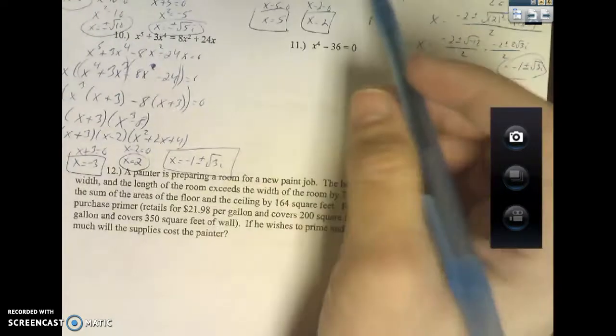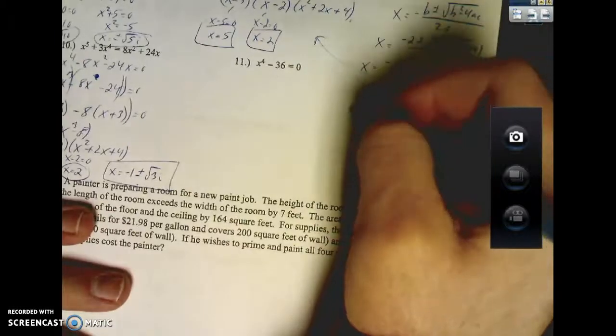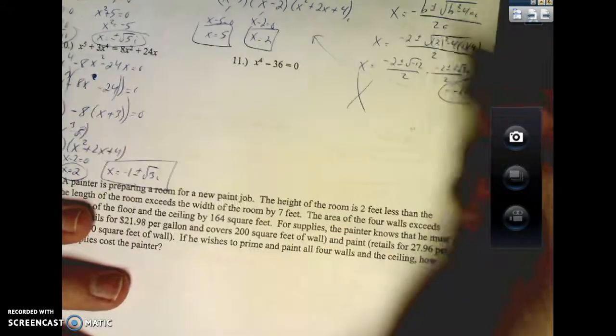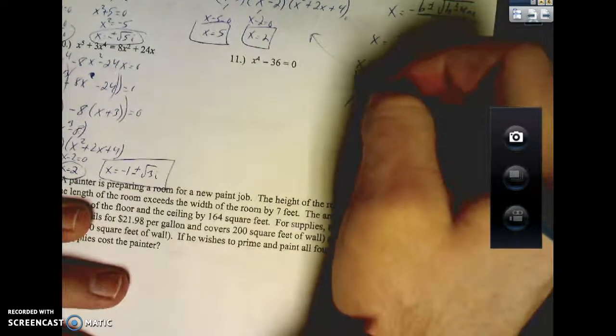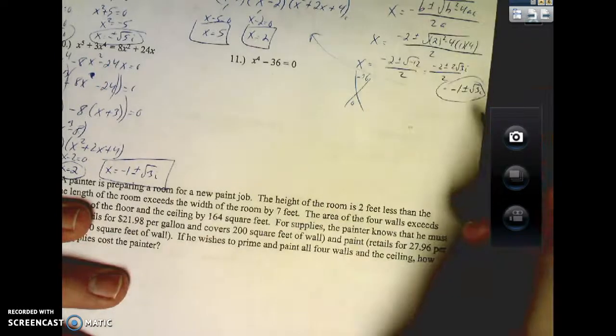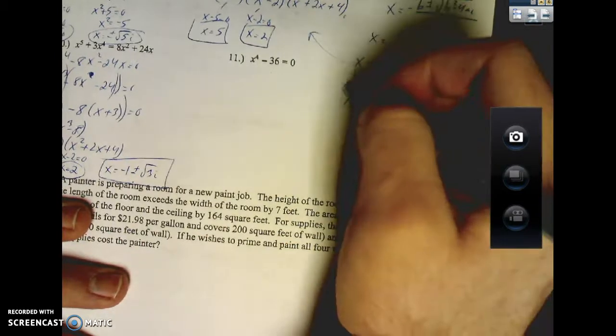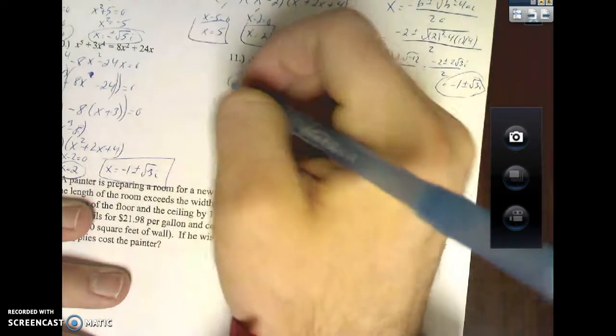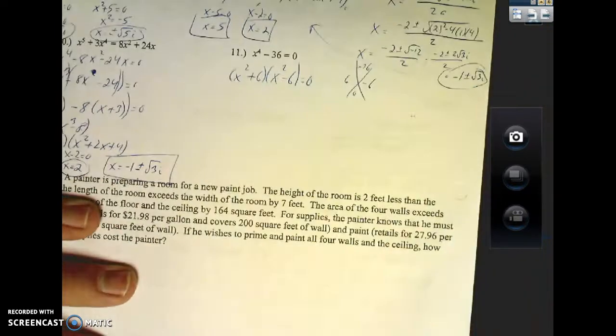Okay, number 11. This is a difference of squares, for the most part. So I got negative 36 up top, 0 down low. What numbers multiply give me negative 36 after 0? 6 and negative 6. So I go x squared plus 6, x squared minus 6.